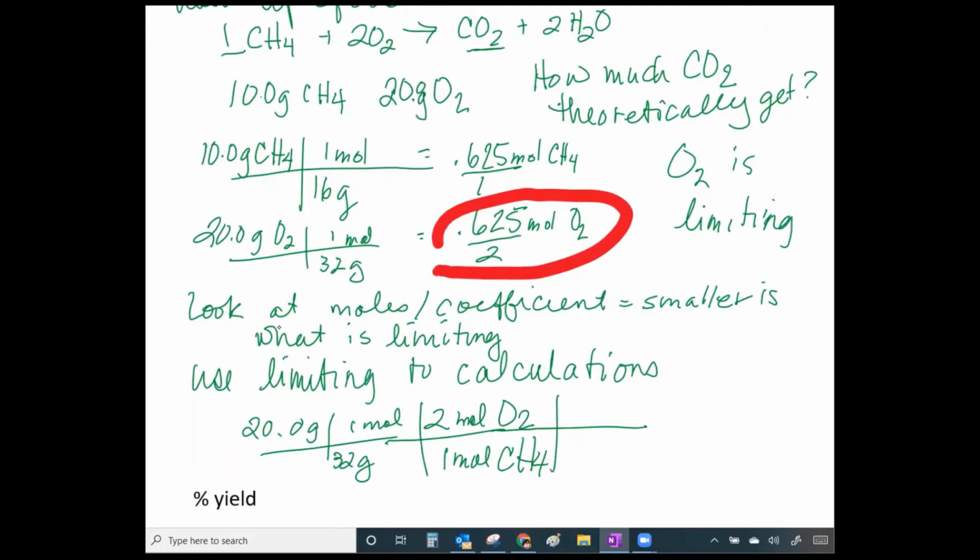And then if I want to know grams, no, not oxygen, carbon dioxide, that's what I'm solving for, right? So it's a 1-to-1 ratio. 1 mole of methane reacts with 1 mole of CO2, and the molar mass of carbon dioxide is 44 grams in 1 mole. And that's how you would do that.